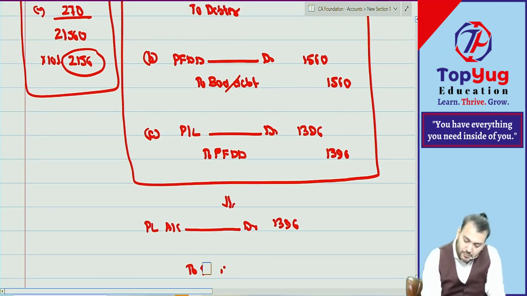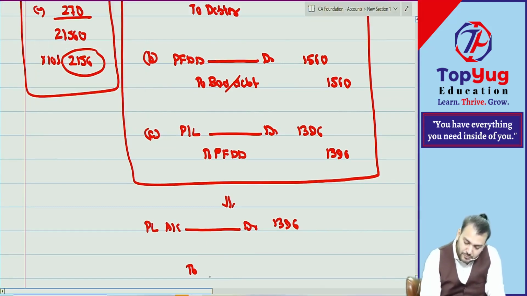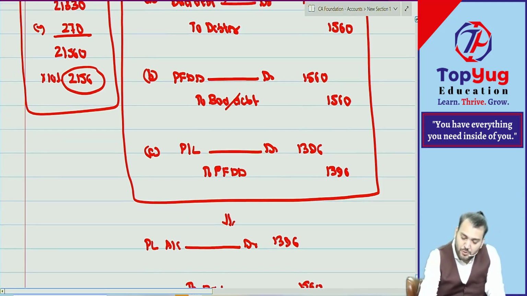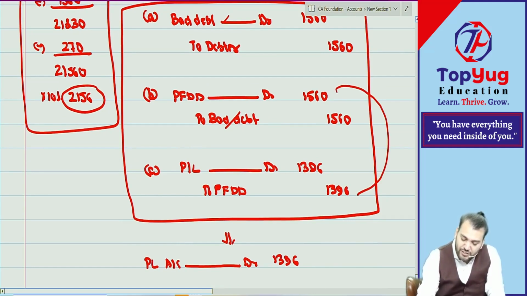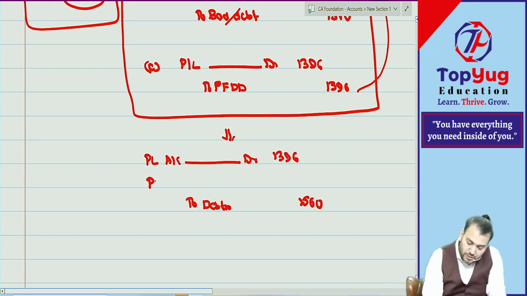To debtor, 1560. And the provision for doubtful debt will be this minus this. What is the net amount? So provision for doubtful debt will be debited by 164.